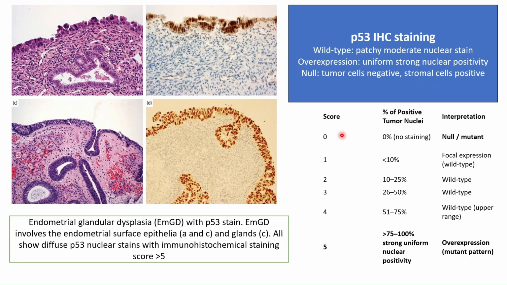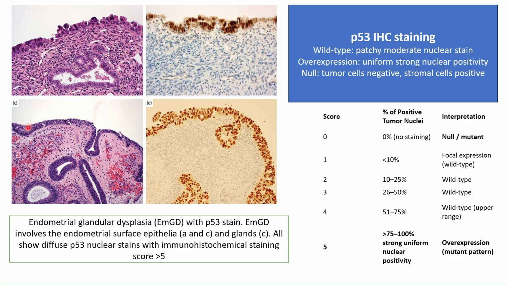In this section, we can appreciate dysplastic change in the surface epithelium, whereas this gland shows normal atrophic endometrium. If we see P53 staining, it is overexpression, or called diffuse strong positive nuclear staining.